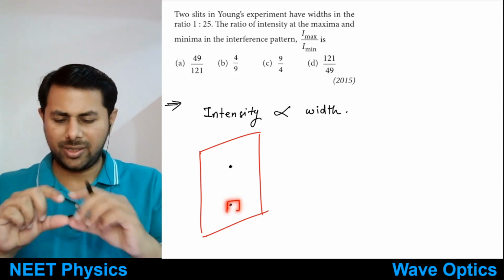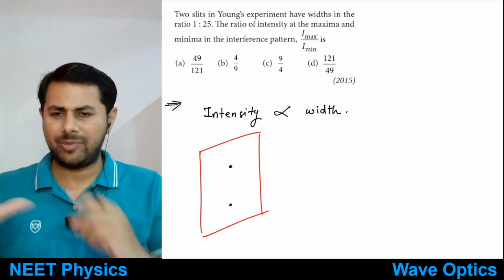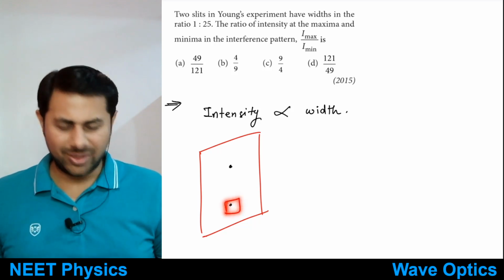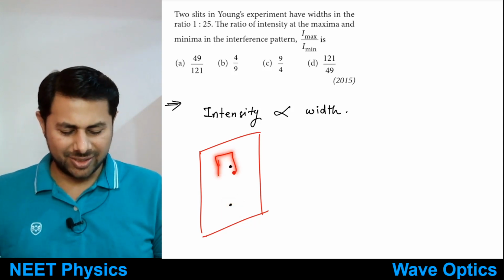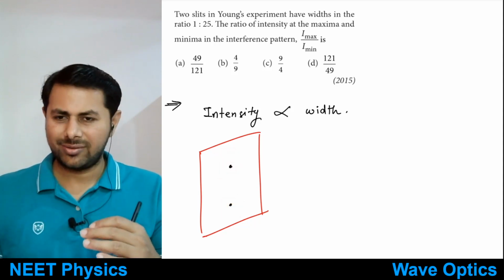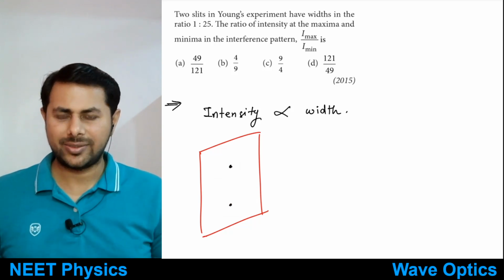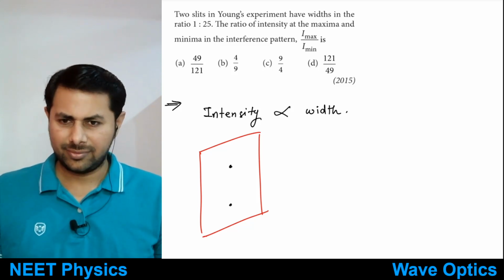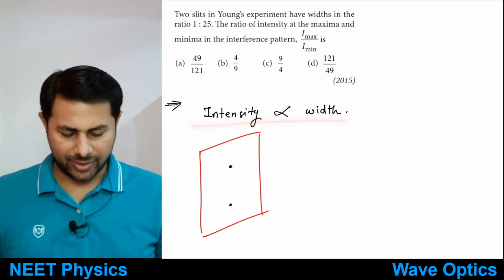So here suppose in a particular width, one bulb fits, width is made twice, then two bulbs will fit. And therefore intensity will become twice. This is clear? Okay, good.